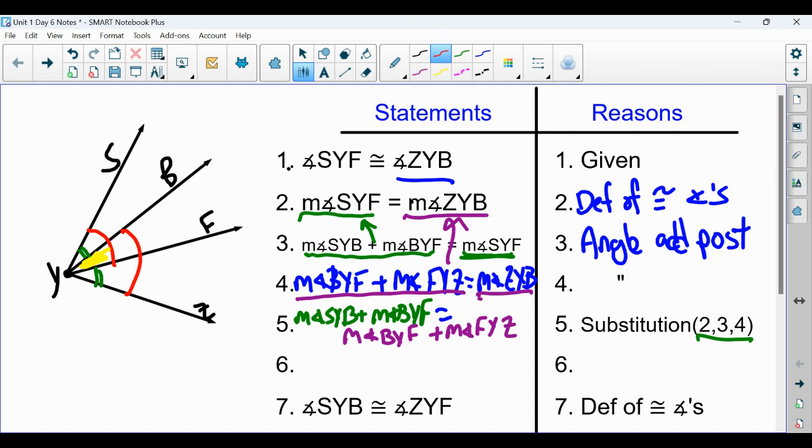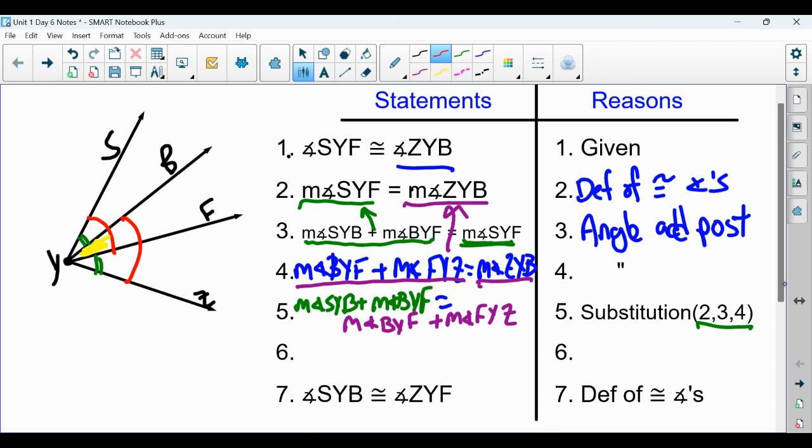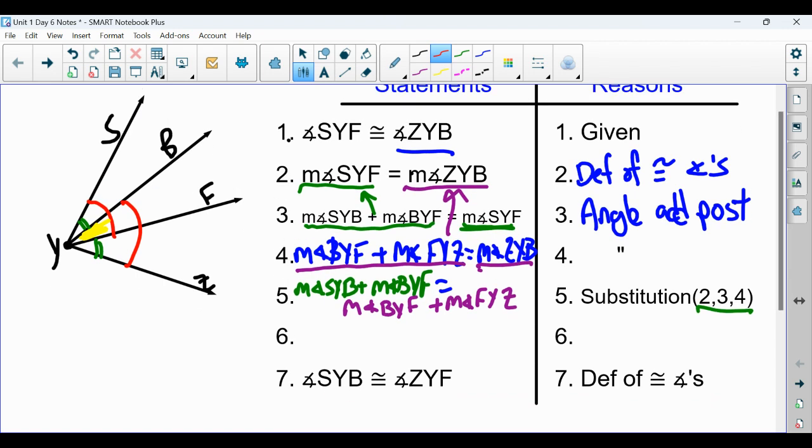Okay, maybe you've gotten this far on your own and you're wondering where to go, because step 6 didn't give you any clues other than step 7 was the statement we wanted to prove, angle SYB congruent to angle ZYF by the definition of congruent angles.